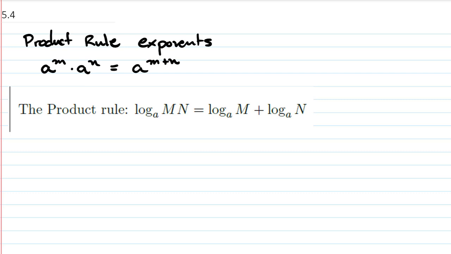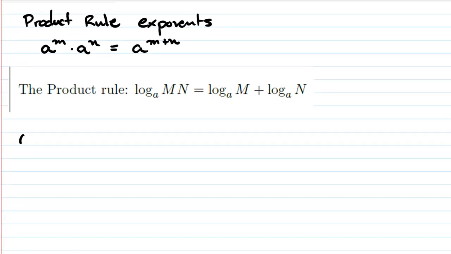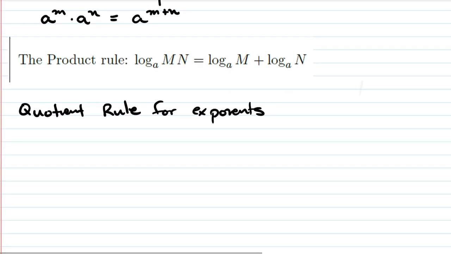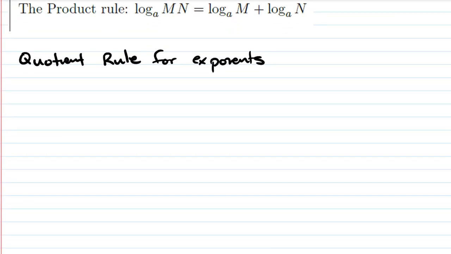Similarly, we have a quotient rule for exponents. Our quotient rule for exponents says if we have a to the m divided by a to the n, then this is a to the m minus n.